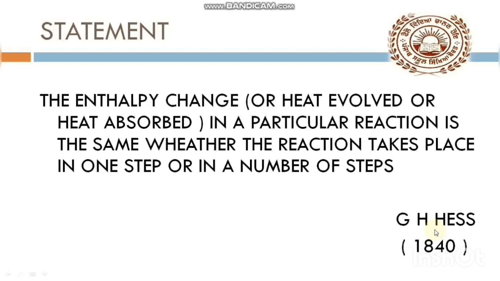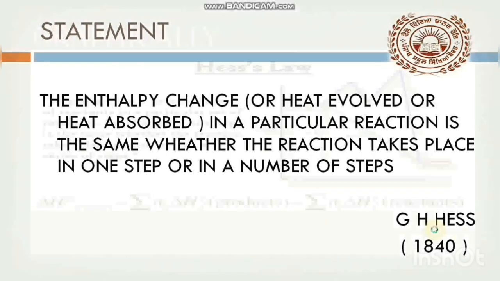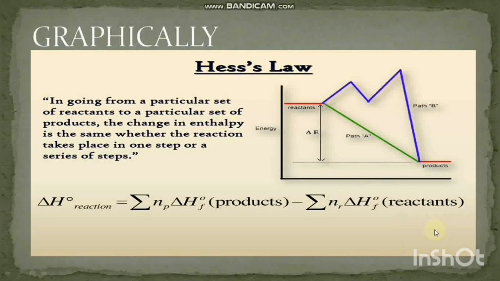When we represent Hess's law graphically, it becomes even more clear that change in enthalpy depends only on the initial and final state of the system and is independent of the path followed by the system to change from initial state to final state.